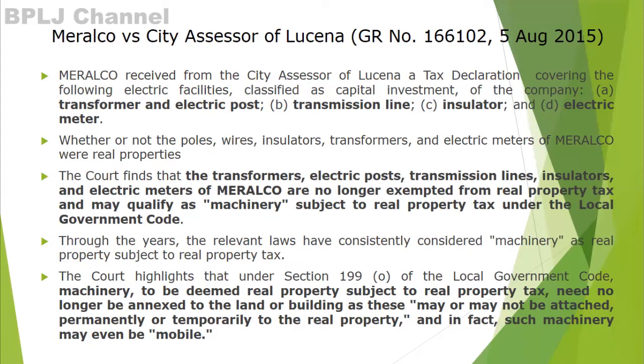So it need not be attached to the building or to the land in such a manner that you cannot separate it without damaging the machinery. That is not one of the requirements for a machinery to be considered as an immovable. In fact, according to Meralco versus City Assessor of Laguna, the machinery may even be mobile.